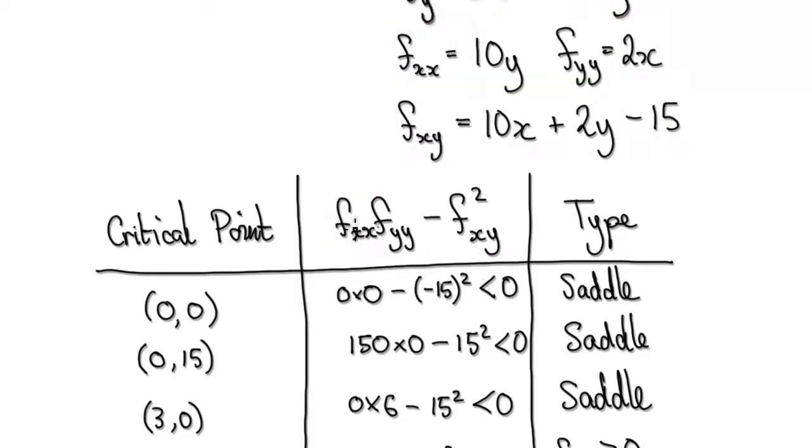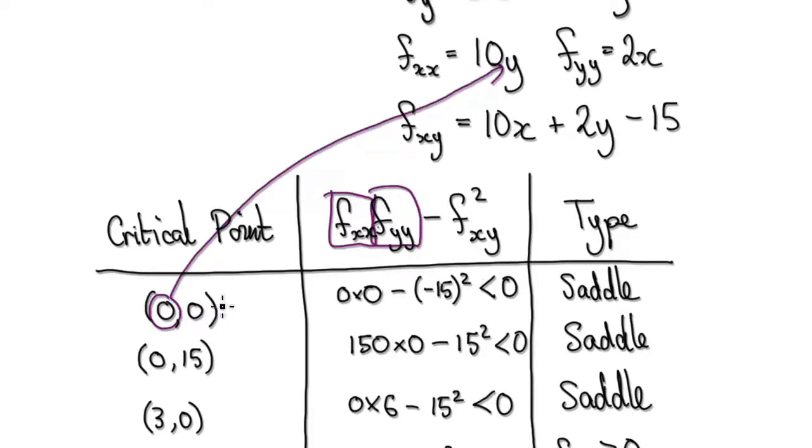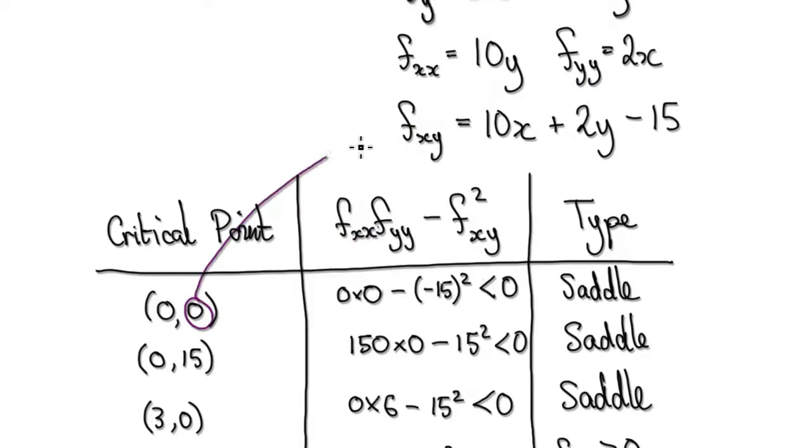So at the critical point, the origin (0, 0), we need fxx. We need to put this into here, and fyy is this thing here. This is the y, it should go into here. This is the x, it should go into here.